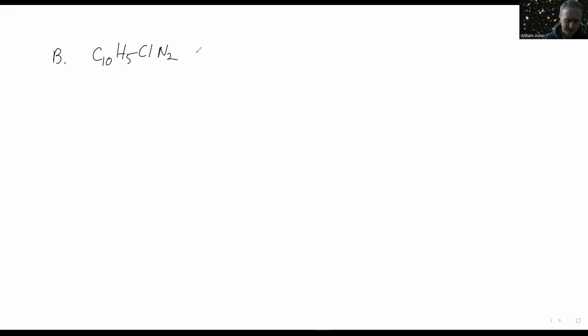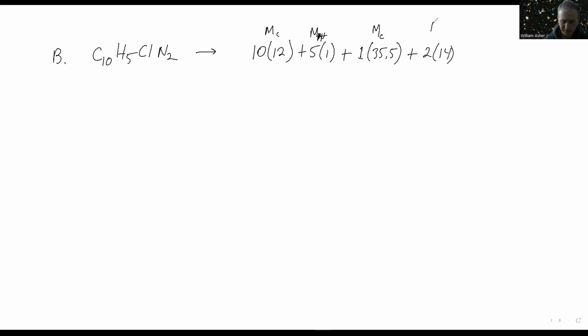What that means is, first thing we want to do is get the total molecular mass of this one, right? So following what we did before, we have 10 times 12, which is the mass of carbon, plus 5 times 1, which is the mass of hydrogen, plus 1 times 35.5, which is the mass of the chlorine, and then 2 times 14, which is the mass of nitrogen.